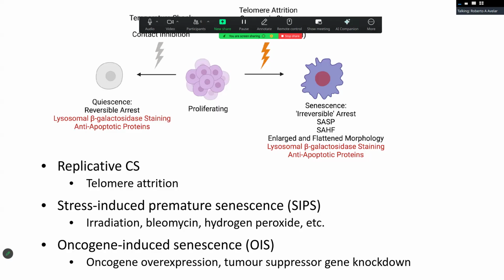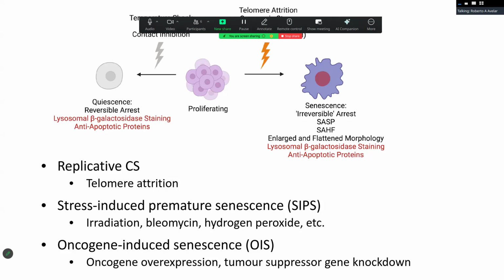What's interesting about these arrest phenotypes is that there isn't really a universal marker you can look at in senescence to say this cell is definitely senescent. So we need to look at a panel of biomarkers. And this is already really annoying because it creates a bit of ambiguity, which I'm going to get into.